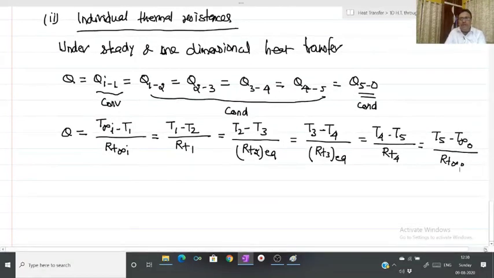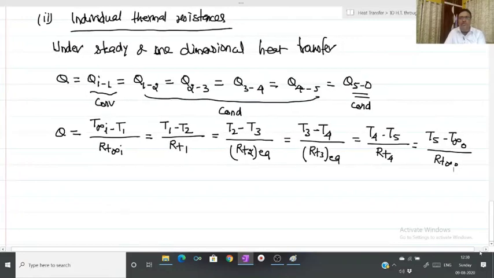Now, why have I adopted this approach? Because it is difficult to write the equation of rate of heat transfer through a wall made up of 2 or 3 different materials.